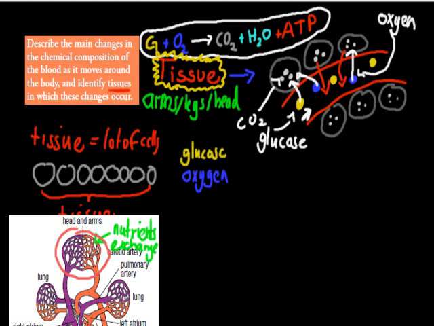I'm going to draw a down arrow, meaning we reduce our levels in the blood because they've gone into the cells. Whereas CO2 is a byproduct, which we don't need, so it goes from the cells into the blood and increases inside the blood. These refer not to what happens inside the cell but to what happens in the blood. So glucose leaves, oxygen leaves, and carbon dioxide goes in. That's for tissue, just for arm, leg or head tissue.